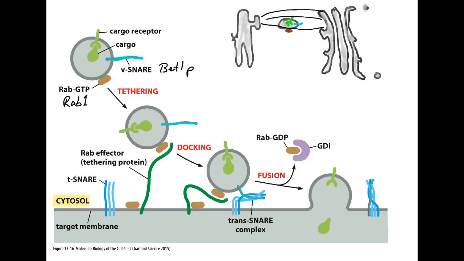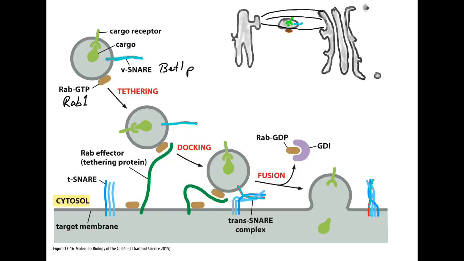That is, RAB1 will have its own specific RAB effector, and RAB6 would have a different one. And as a result of that distinction, RAB1 containing vesicles will not fuse to the ER. They will only fuse where they're supposed to, the Golgi, as a result of the fact that that's where the RAB effector is.